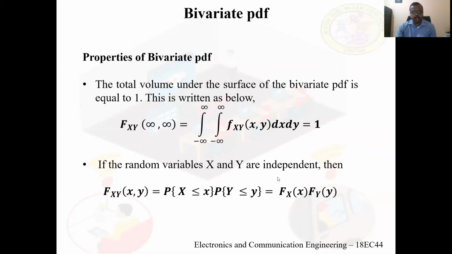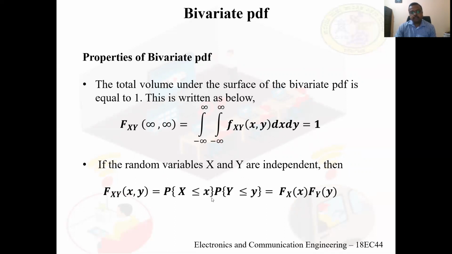Next property: if the random variables x and y are independent, how is this represented? F_XY(x, y) is equal to the probability of X less than or equal to x, times the probability of Y less than or equal to y. Here, both these random variables are independent, that's the reason we've written it as the product of probabilities.